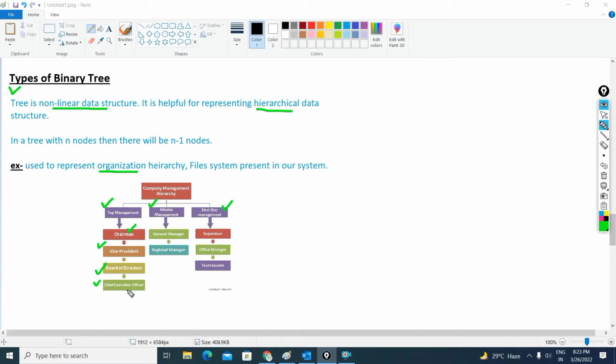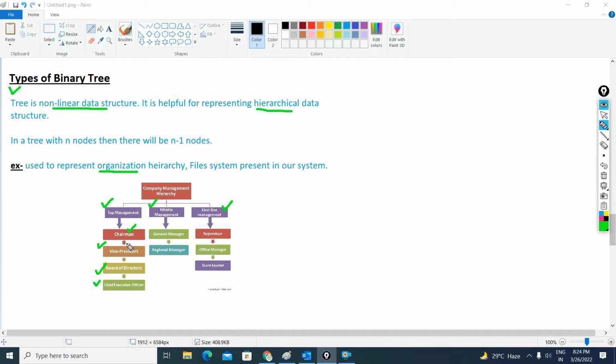If the chief executive officer faces any problem, then he or she will contact their senior. Similarly, if the board of directors face any problem, they will contact their vice president. If the vice president has any problem, they will contact their chairman.